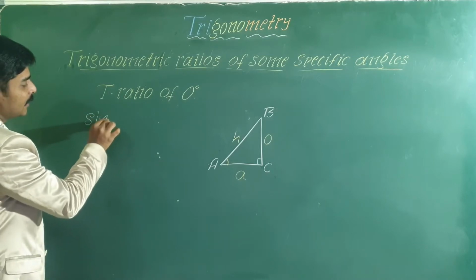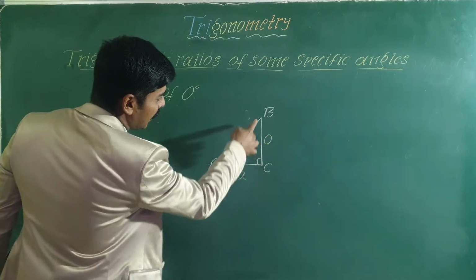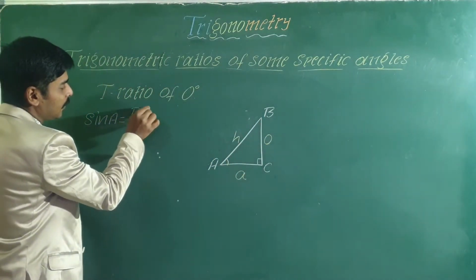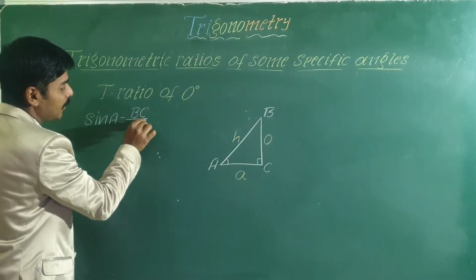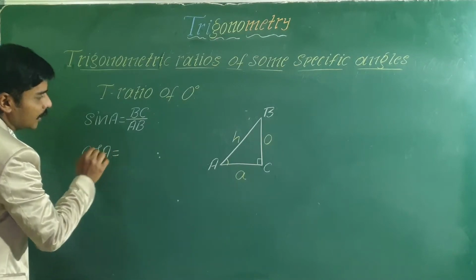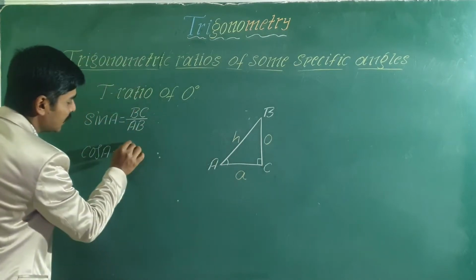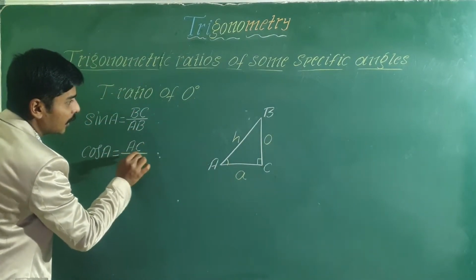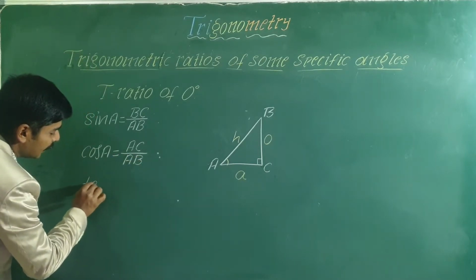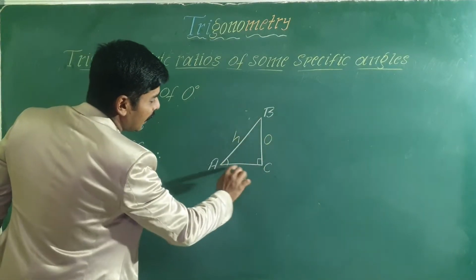First let us take sin A. What is sin A? Sin A is opposite by hypotenuse, that is BC by AB. Cos A. Cos A is adjacent side by hypotenuse, which is the adjacent side AC, and hypotenuse is AB. So AC by AB. Next, tan A. Tan A is opposite side by adjacent side.